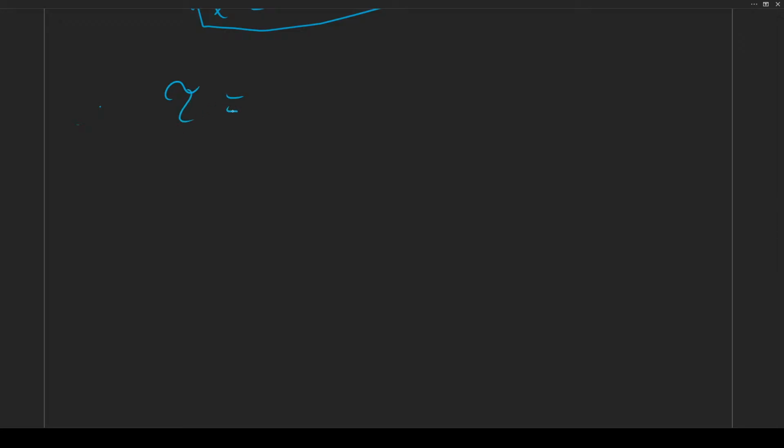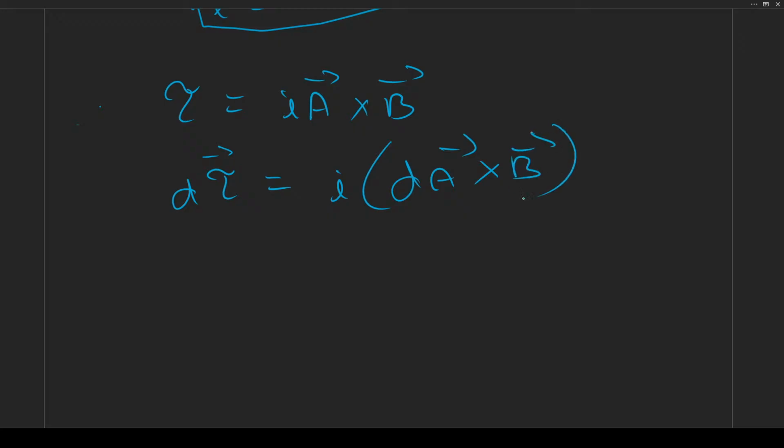Torque, which is equal to the magnetic moment, that is I times A cross B. So d torque is equal to I, which is outside, d area cross B, which is equal to d tau, sigma omega r dr. Pi r square is the area, pi r square.